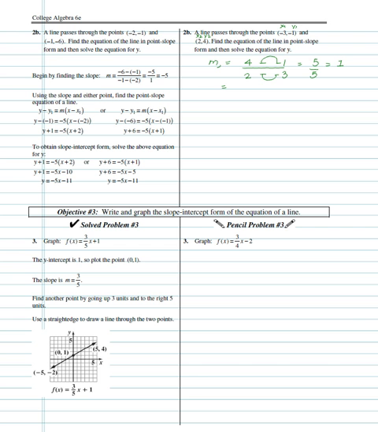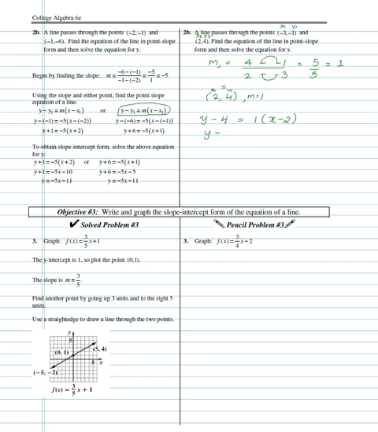I like to stick with positives, so I'm just going to pick the point (2, 4). And my slope is 1. M is equal to 1. Now plugging into this equation, y minus y1 is equal to m times x minus x1. This is my x1, this is my y1.